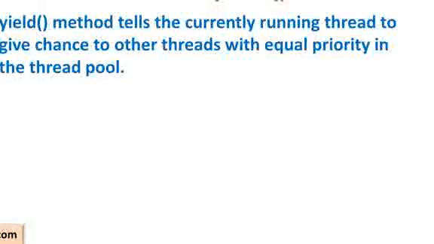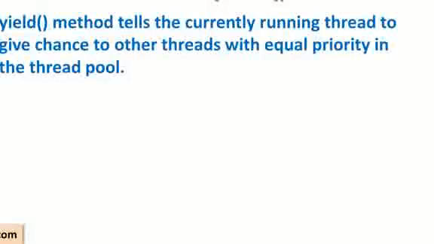Once the currently executing thread sees the yield method, remember that yield does not tell a thread to go into wait or blocked state. At most, yield can only force the thread to move to runnable state from the running state, but not into sleep or wait or blocked status.